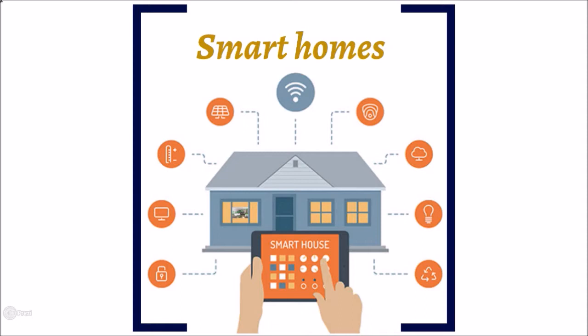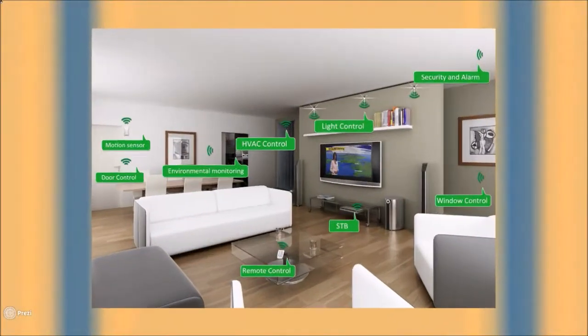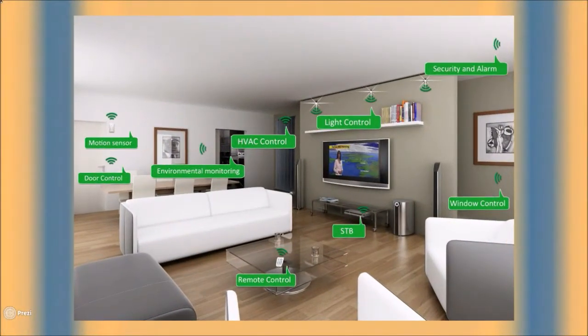So what kind of devices can be connected together in a smart home? Let's take a look in our living room. What we see here is a typical smart home living room. In this room, every device is controlled remotely from your smartphone. So you can, for example, change the channel of your TV, or you can control the lights above the TV.